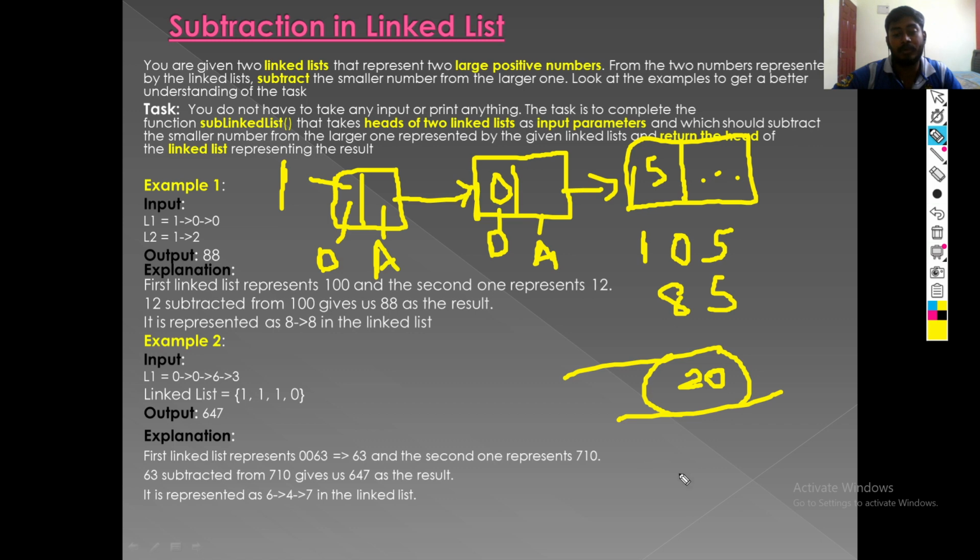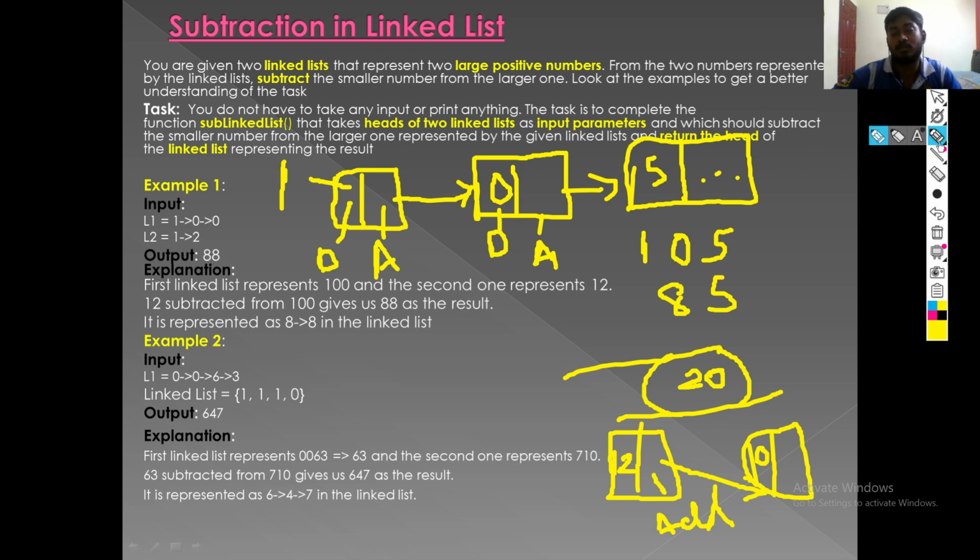For example, we create a new linked list and put the output in it. This node contains 2, and it has the address of the next node. That node contains 0 data. This is how we create subtraction in the linked list concept.